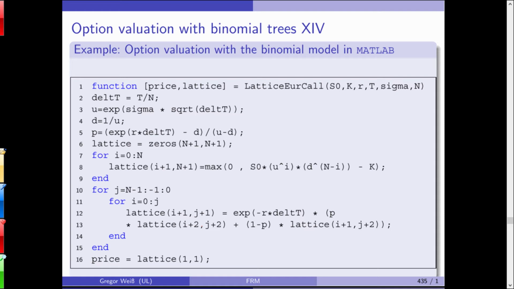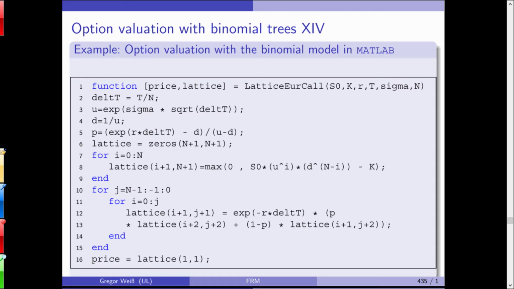Delta T is obviously T over N. U in this case is the exponential function of sigma times the square root of delta T. D is defined as 1 over U. P, the risk-neutral probability in the Cox-Ross-Rubinstein model, was P is equal to the exponential function of R times delta T minus D, over U minus D. And then we have to define the lattice.